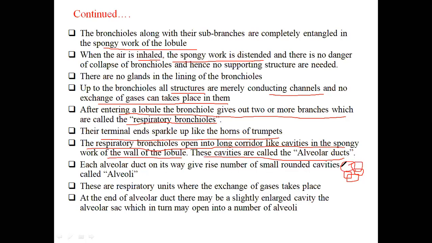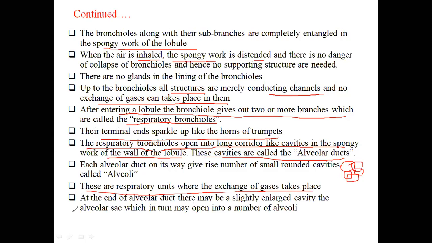So like we have seen in the diagram in the previous slide, there will be presence of alveolar duct or alveolar sac. So these, here you can see, are the respiratory unit where exchange of gases takes place. एक्सचेंज म्हणजे गैसेसची घेवाण देवाण होते, ऑक्सीजन दिया जातो आणि ऑक्सीजन के बदले में कार्बन डाइऑक्साइड लिया जाता है.